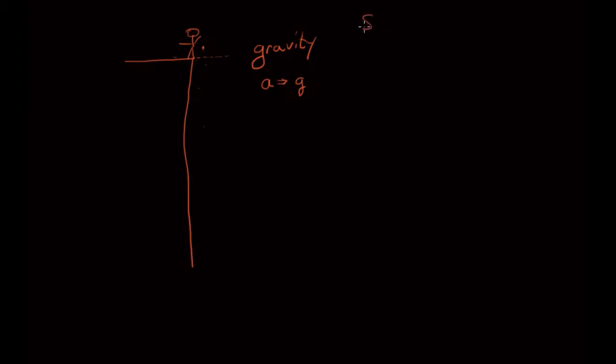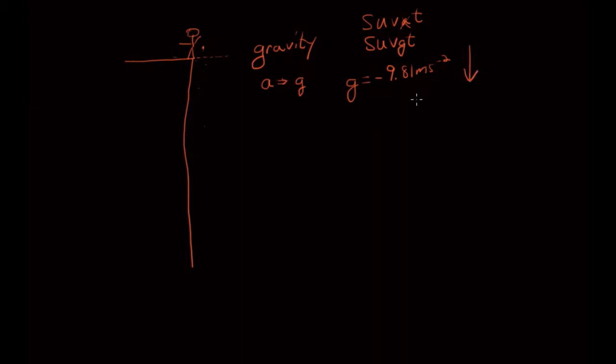So instead of SUVAT, we now change this to SUVGT. You can keep the A in there if you want to. It's acceleration. We just represent it as G so that we know automatically that it's negative 9.81 meters per second squared. It's negative because it's downward.